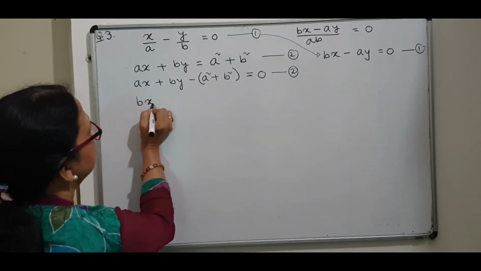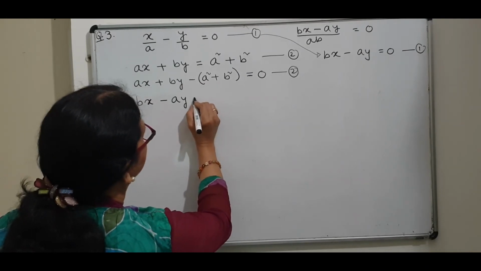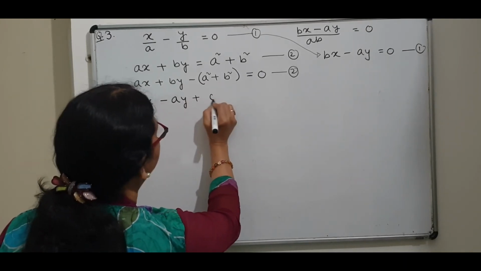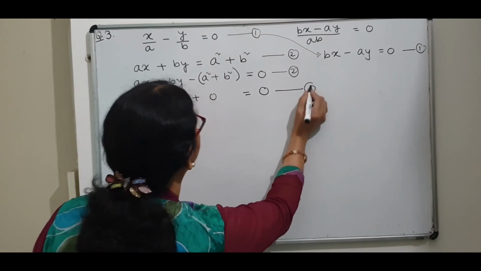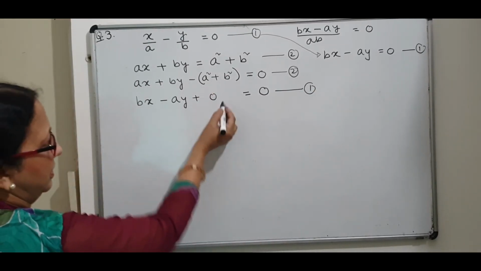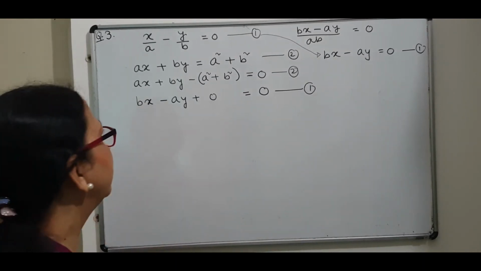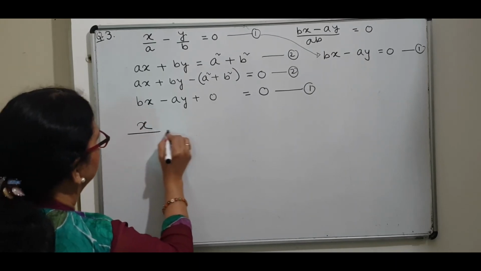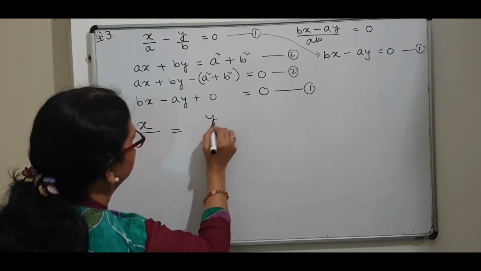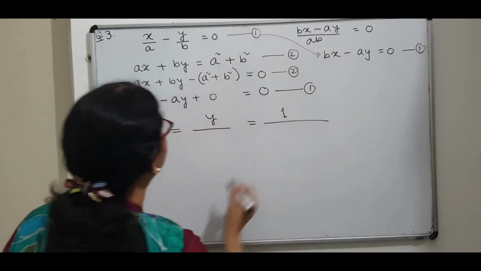So let me rewrite it down here again. bx minus ay plus 0 is equal to 0. That is equation 1. Why have I written this? Because it's a constant. Because in the cross multiplication method I have to write the formula first. So what we write: x upon something is equal to y upon something is equal to 1 upon something.